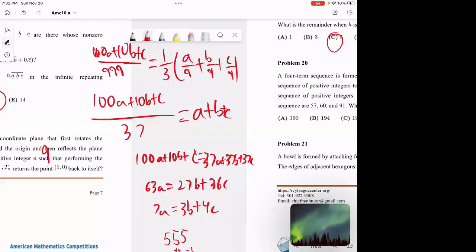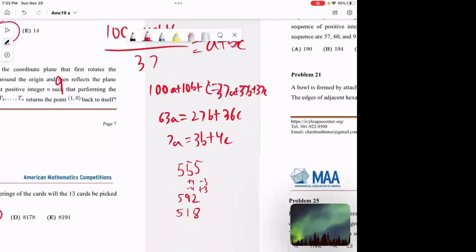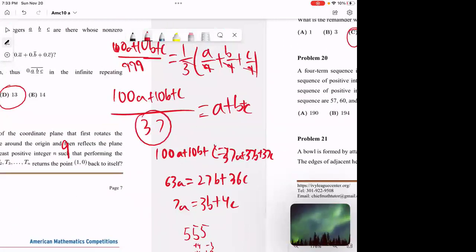Does that make sense? Because to get rid of these 3s and these 9s, we multiply by 27, and 999 over 27 should be 37. So that's how you get this denominator is 37. Hopefully that makes sense.